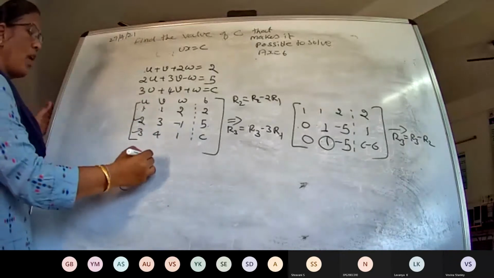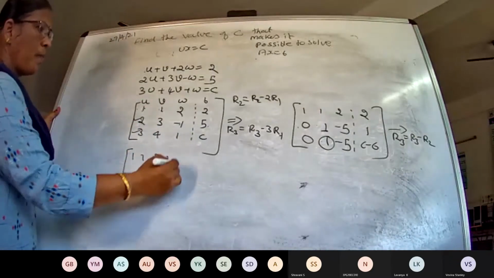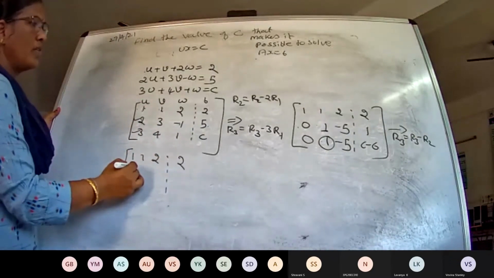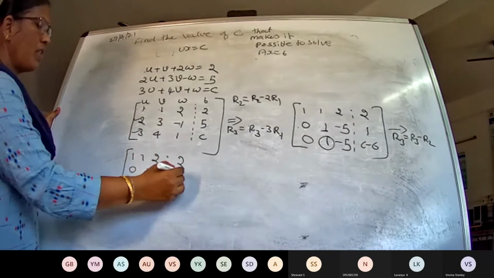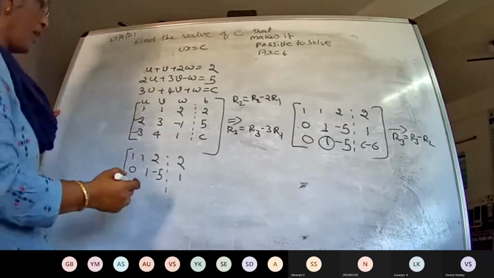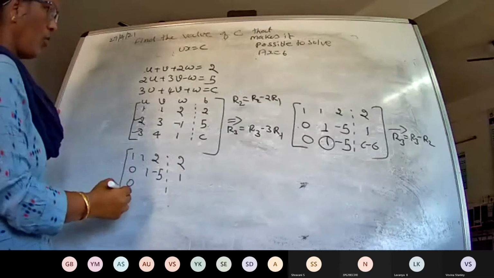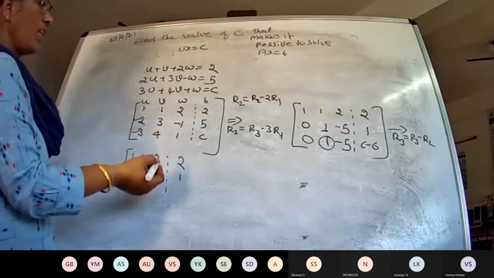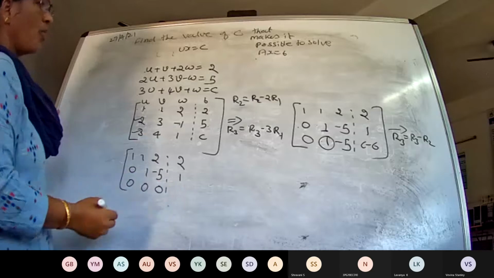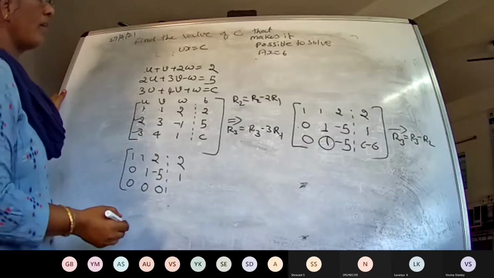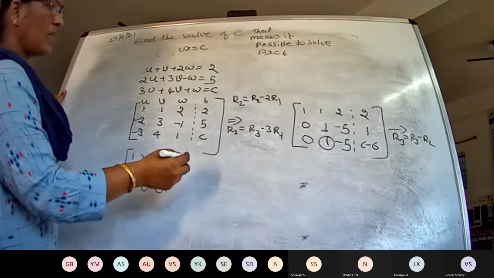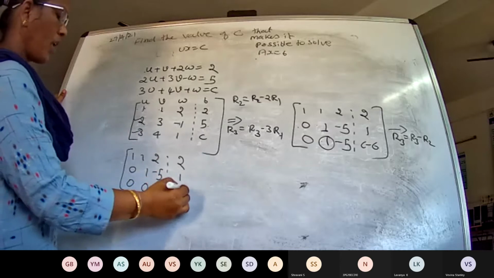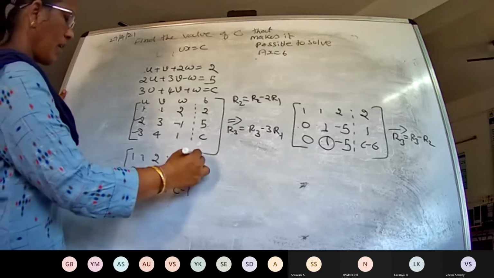So what I'll be getting? 1, 1, 2. This is 2. 0, 1, minus 5. This is 1. And here 0 minus 0, 1 minus 1, 0, minus 5 of minus 5, that becomes 0, right? And C minus 6 minus 1. What I have? C minus 7.